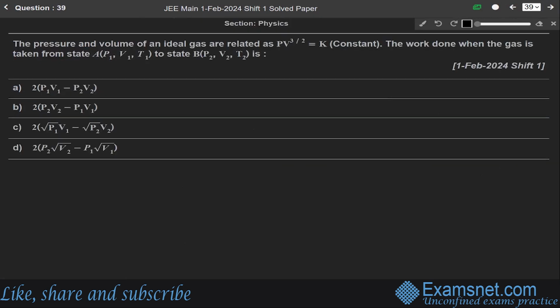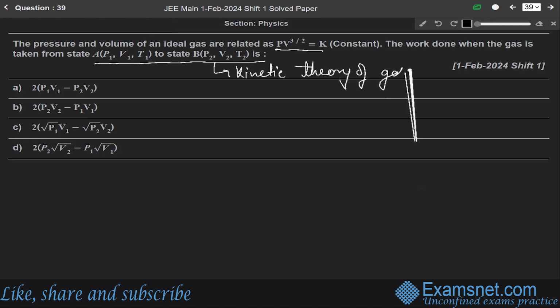Now next question 39. The pressure and volume of an ideal gas are related as PV gamma equals to constant. The work done when the gas is taken from state A to state B. So this question is from the chapter of kinetic theory of gases. Okay. We are given PV gamma equals to K constant. Okay. This is the equation for an adiabatic process.